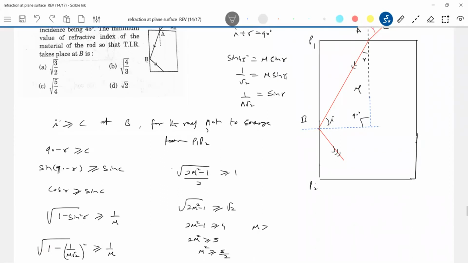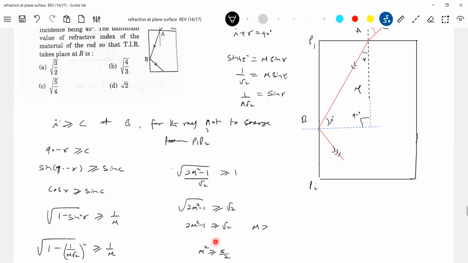Okay, I think I messed up here. 2 mu square minus 1 over 2 mu square, root 2 will come outside. Mu square gets cancelled, so here root 2 will be there. Okay, fine. Squaring this, we get only 2 mu square minus 1.